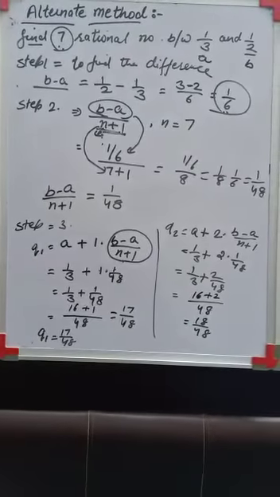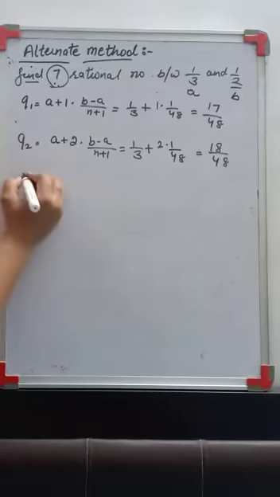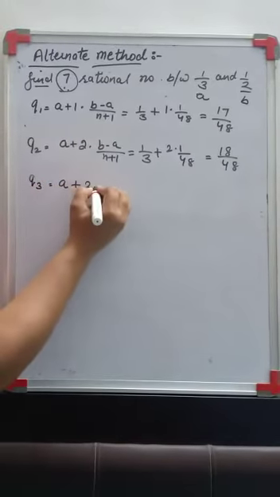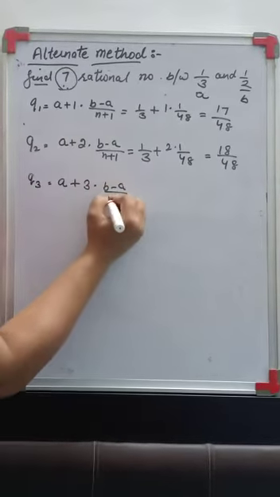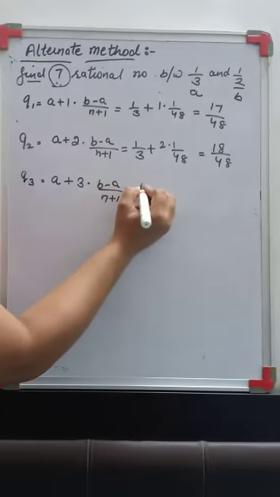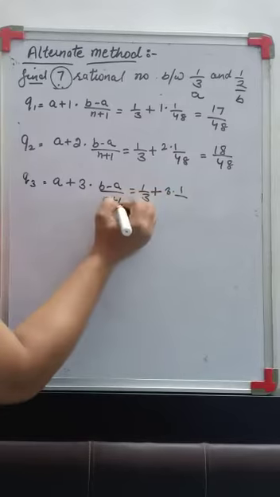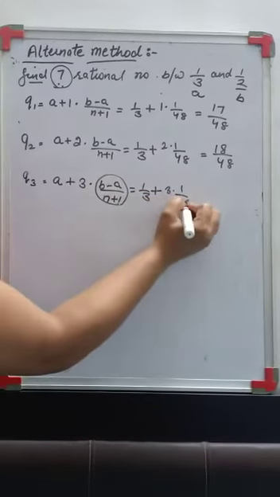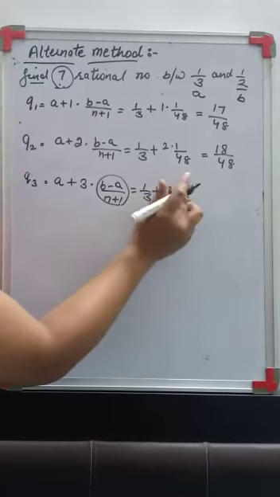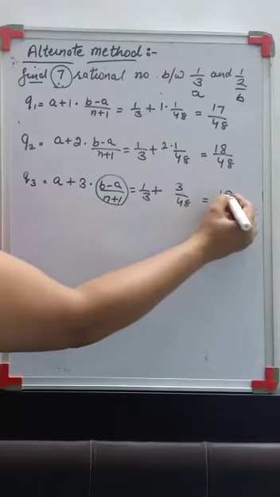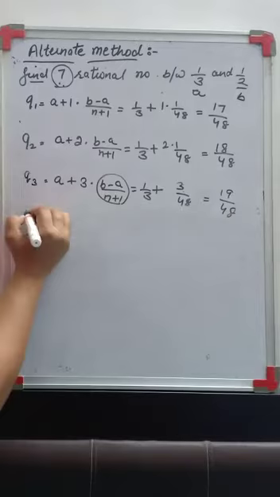Similarly, your Q3, what is the formula? A plus 3 into (B minus A) upon (n plus 1). A is 1 upon 3 plus 3 into 1 upon 48. 3 into 1 becomes 3, so 3 upon 48. When you solve that, you will get 19 upon 48.